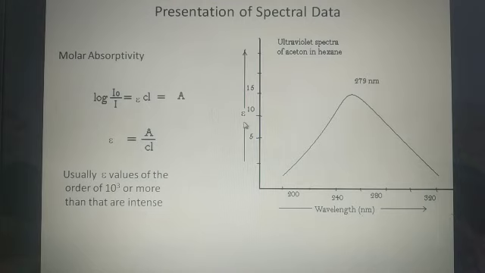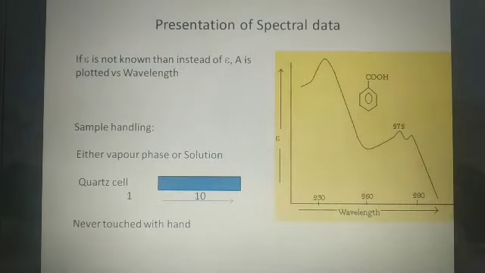It is not of use to present this graph for UV and visible. You only write the lambda max and the epsilon value for the compound. That is sufficient to describe the UV and visible spectra.